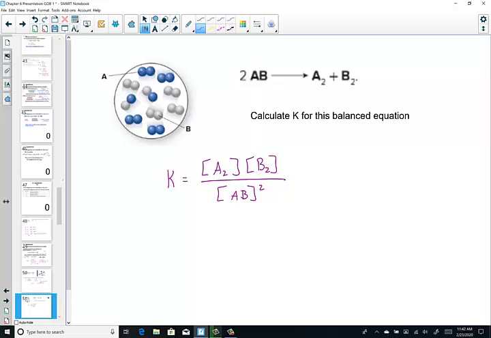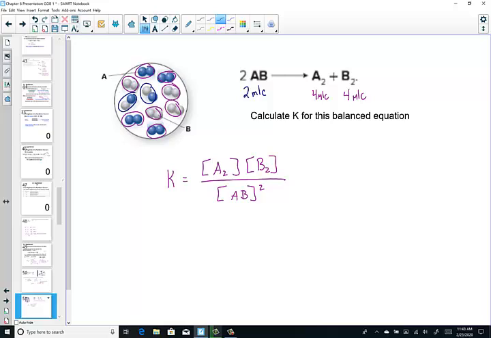Now let's find out what we have. 1, 2, 3, 4 molecules of B. What else do we have? Here's A. 1, 2, 3, 4 molecules of A. And I have 1, 2, that's it, 2 molecules of AB.